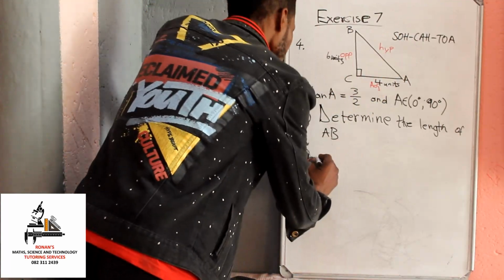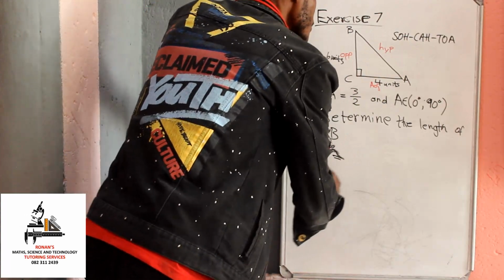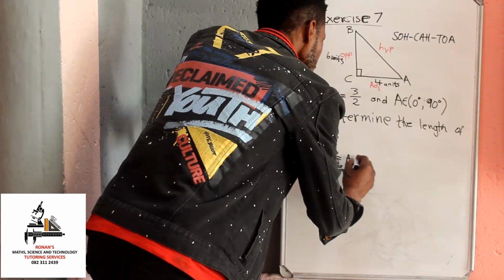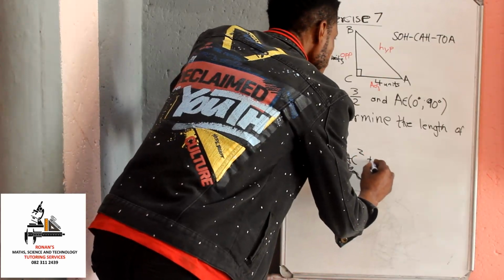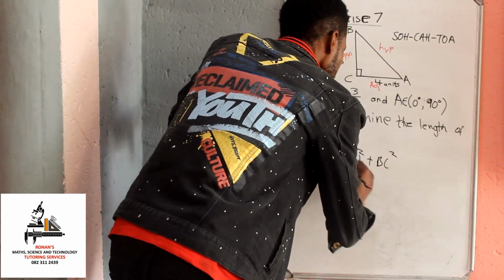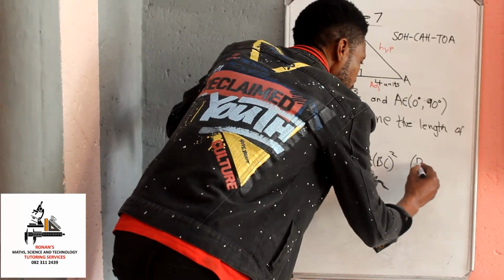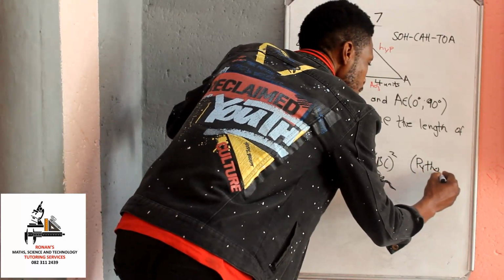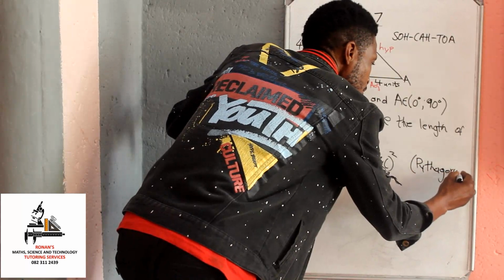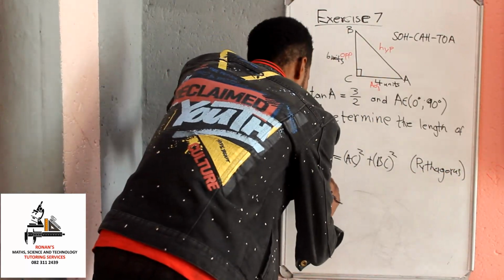So AB squared is going to be equal to AC squared plus BC squared by Pythagoras, and therefore we're looking for AB.